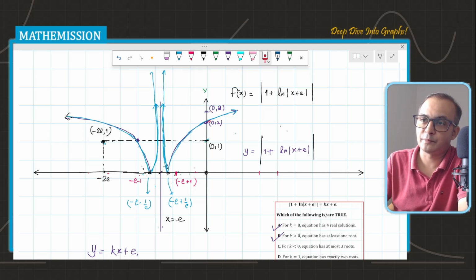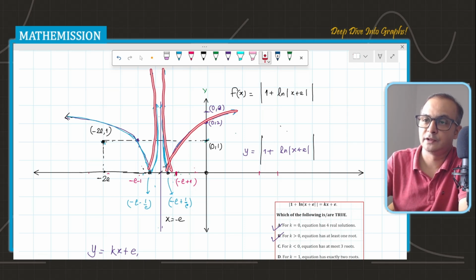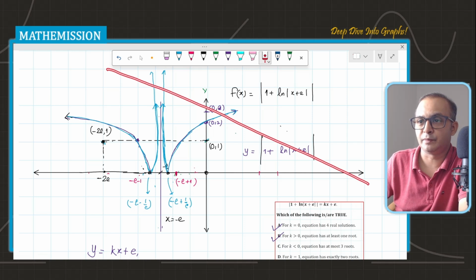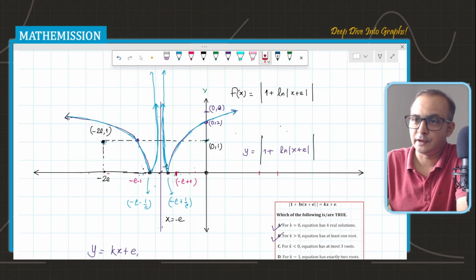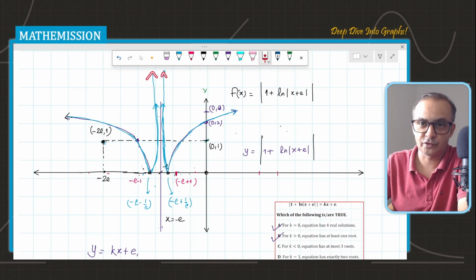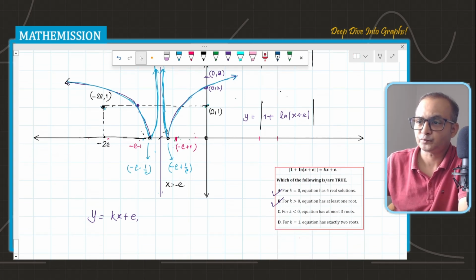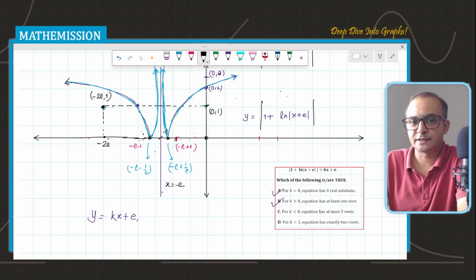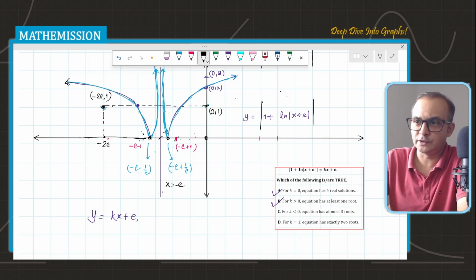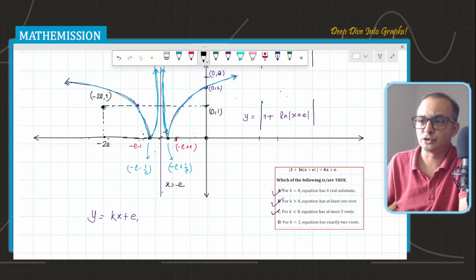But these three portions of the graph, portion 1 here, portion 2 and portion 3, will always be intersected by the line which has a negative slope, and therefore it will intersect at exactly 3 points. But if it is saying at most 3 points, at most 3 points means not more than 3 points. So not more than 3 points means 3 points is already included. So we can say that it is also true.